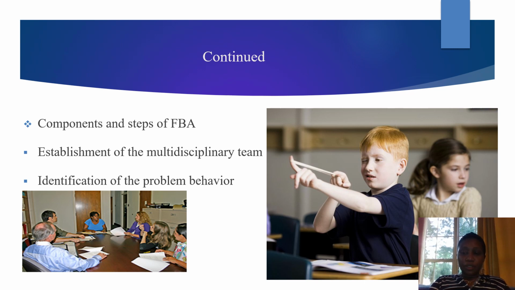Another component is problem behavior. Members of the multidisciplinary team recognize the interfering behavior for the assessment and intervention. Interfering behavior includes all repetitive or disruptive behavior that affects optimal development of a learner's achievement.